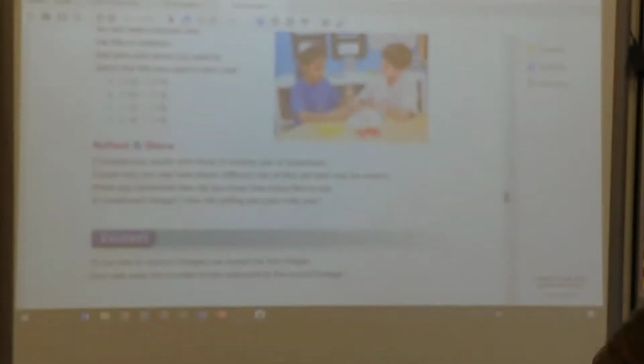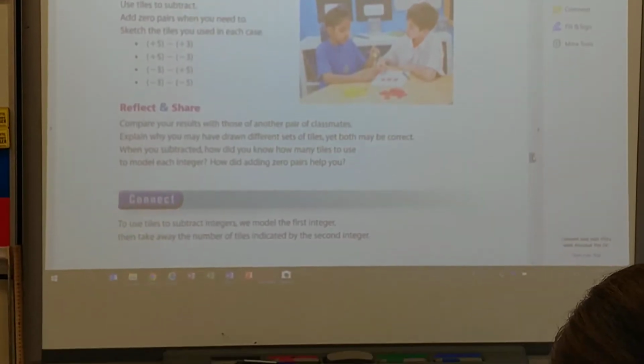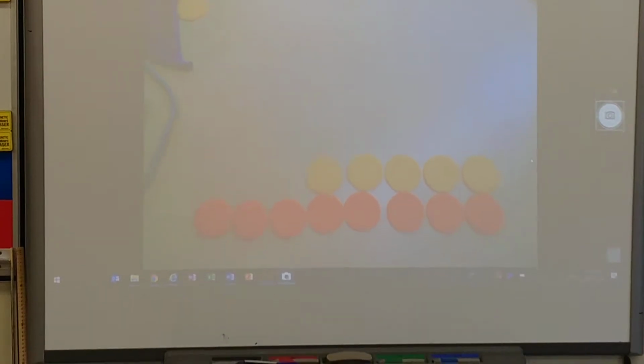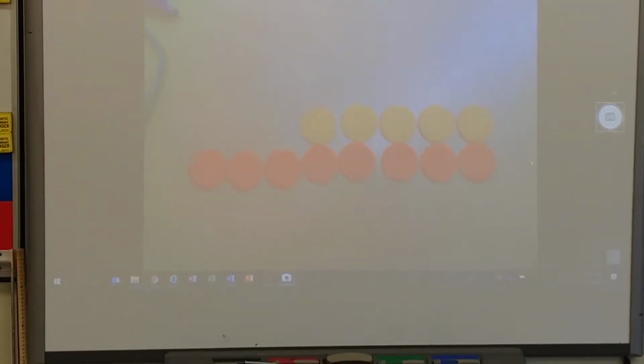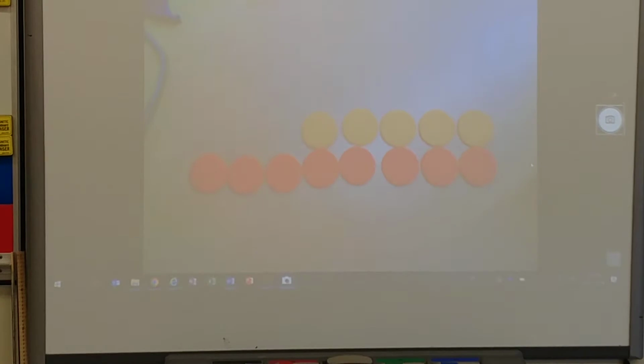Okay, you ready? I'm going to show you my tiles. Does this look like negative 3? Yes. That's fair? Because we got 0 plus 0 plus 0 plus 0 plus 0 plus negative 1 plus negative 1 plus negative 1 for negative 3.